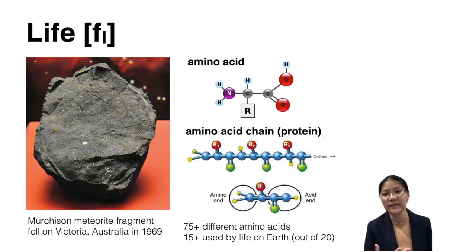And the question still is, what does it take for this complex chemistry to form what we would define to be living matter versus non-living matter? And that's still a very open question.